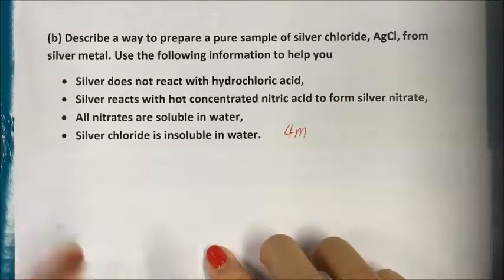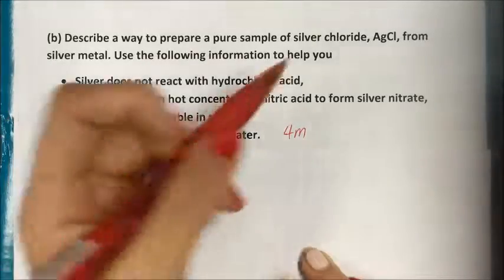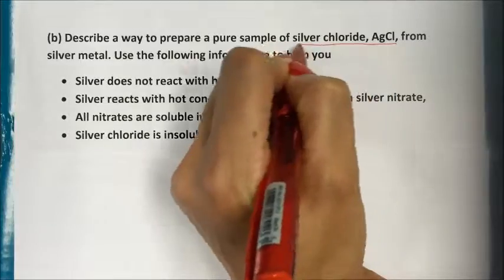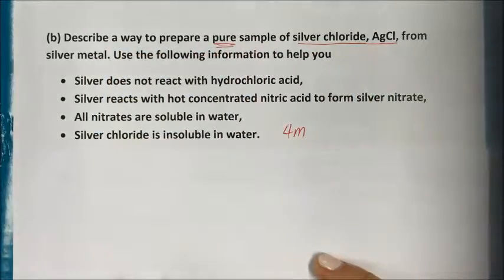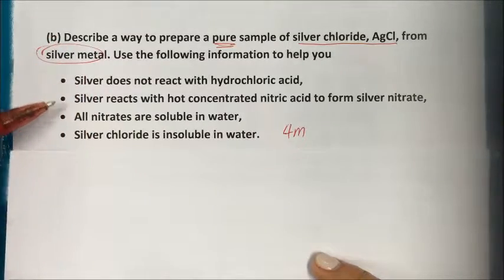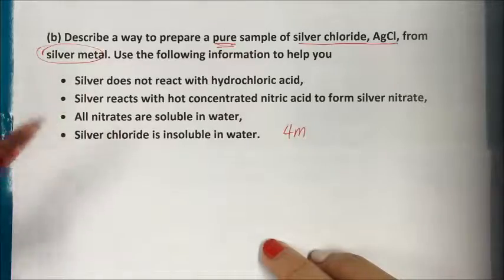The question asks you to describe a way to prepare a pure sample of silver chloride from silver metal. So they want you to obtain pure silver chloride from silver metal. They also gave you 4 bullet points for information to help you describe your method.